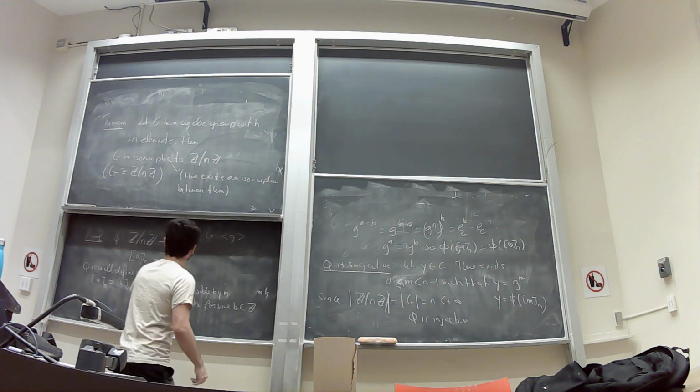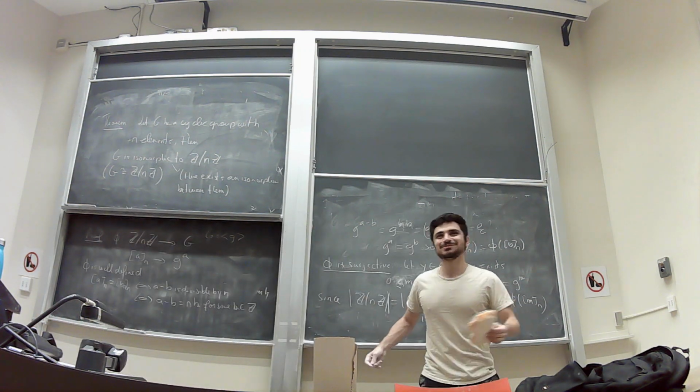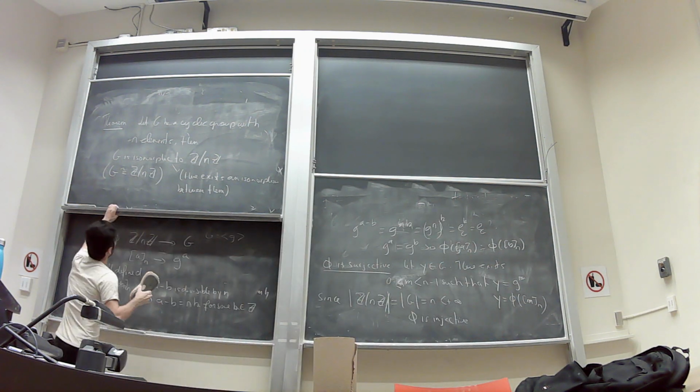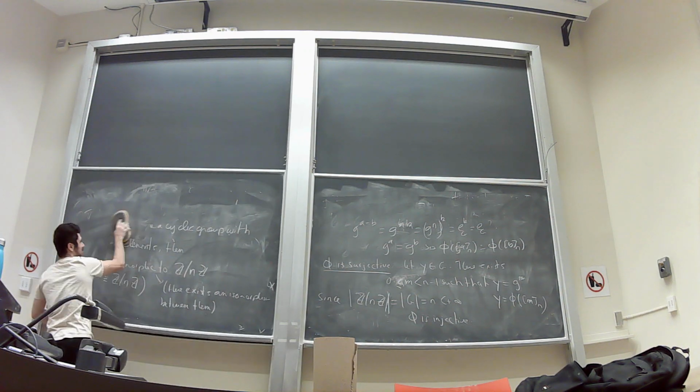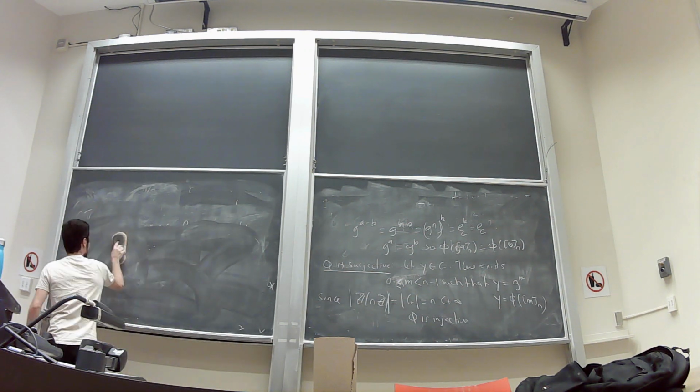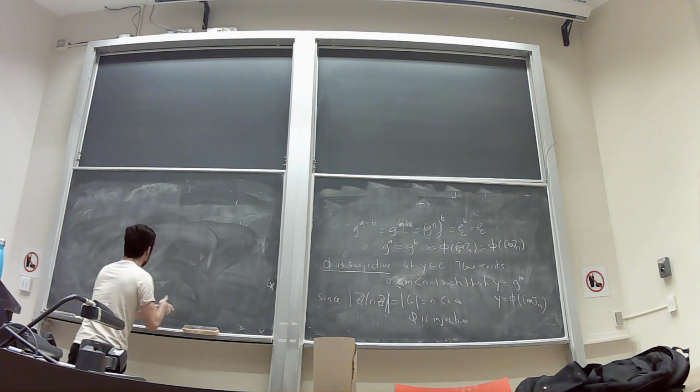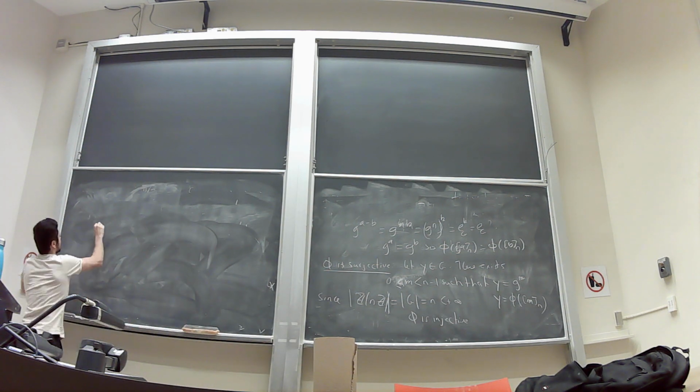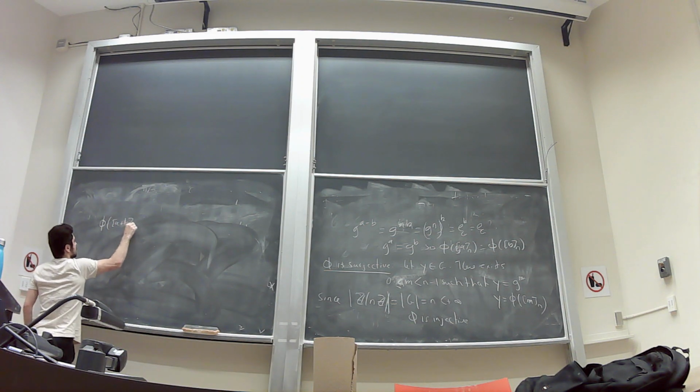Oh man, I didn't prove phi is a homomorphism, but that's obvious, right? This is obvious from the most important property. What's phi of a plus b mod n?